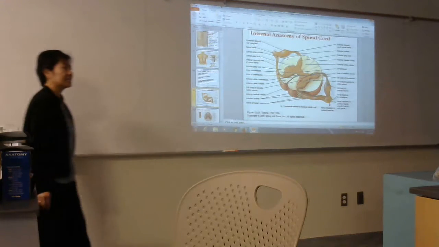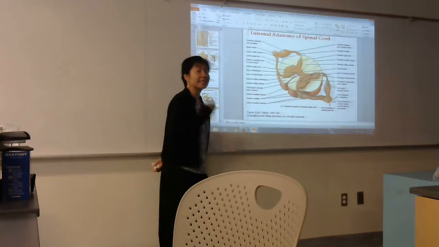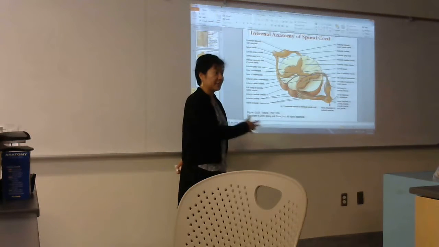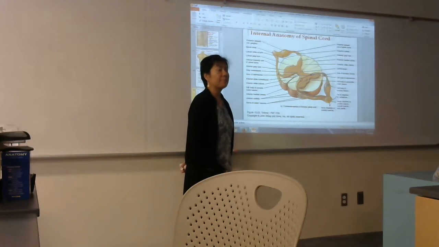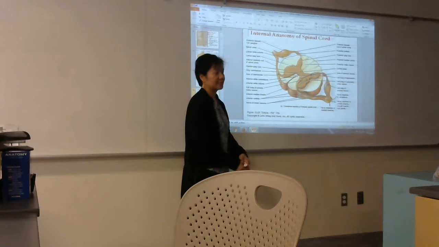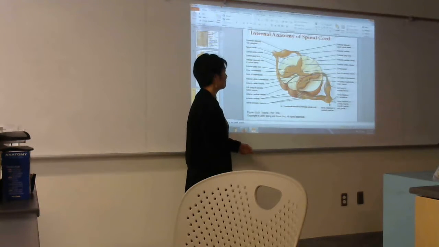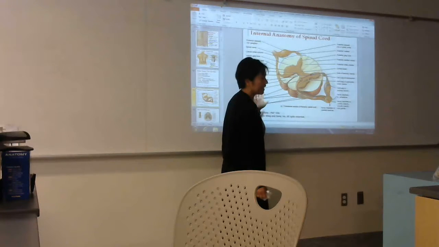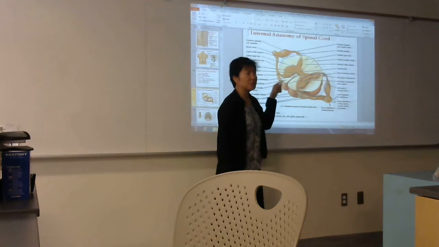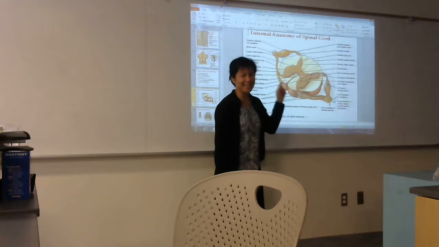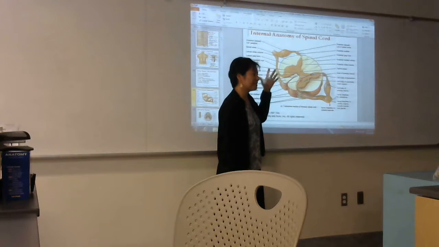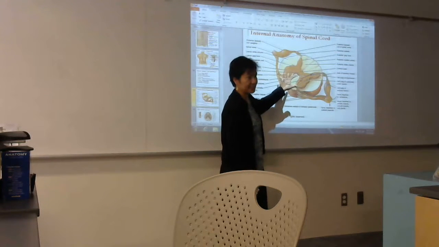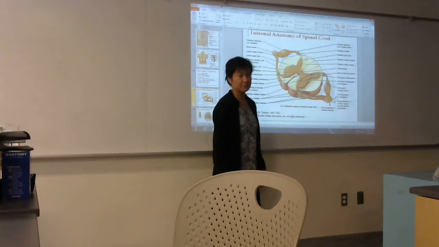In your test, not this coming up test, the next test on the spinal cord, in the past there was always, and I don't know about your coming up test, but there was always a picture like this where it's blank and you'll be asked to label. So expect it in case it comes out, so at least you're not caught by surprise, okay? There was a picture like this. You will be asked to label.